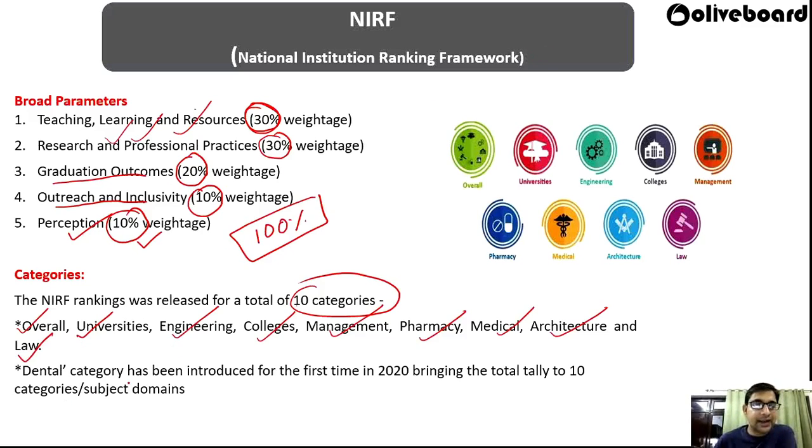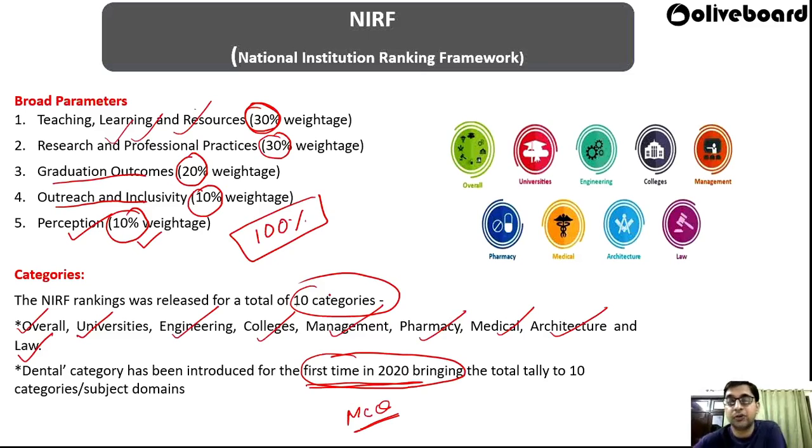Dental category has been introduced for the first time in 2020. So this can be your question for MCQ: which is the new category that has been added in 2020? So you should know that dental category has been introduced for the first time in 2020, bringing the total tally to 10 categories.